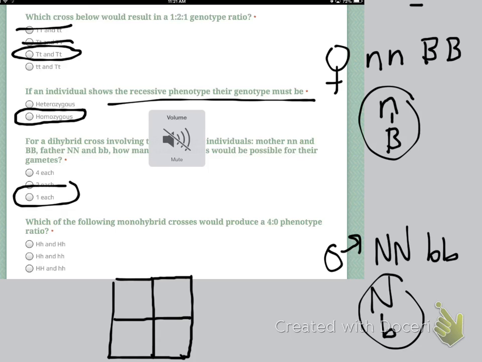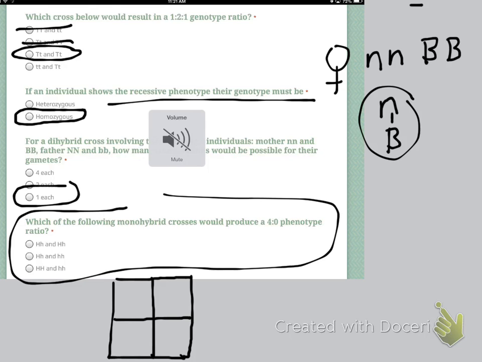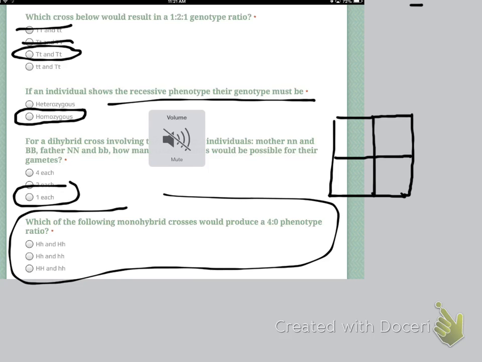Okay, and the last one, which of the following monohybrid crosses would produce a 4 to 0 phenotypic ratio? Oops. Get rid of this. Okay. So again, you could either just know this, or you can go ahead and do a Punnett square for yourself, which, you know, I'm a real visual learner.